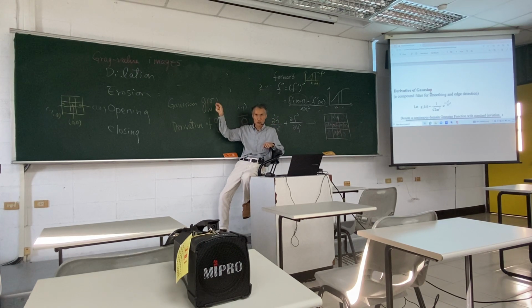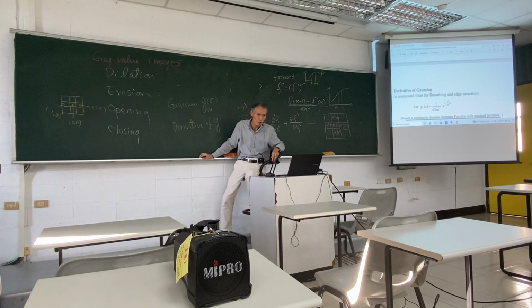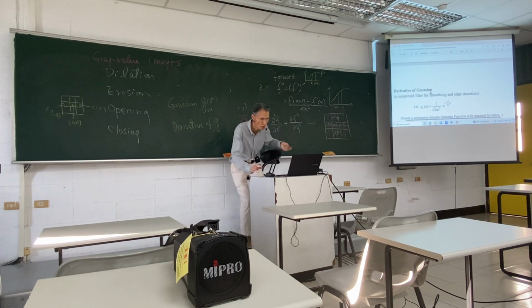You don't need to apply a smoothing filter first and then go for Sobel operator or anything else. Now you just apply one filter, the so-called derivative of Gaussian.